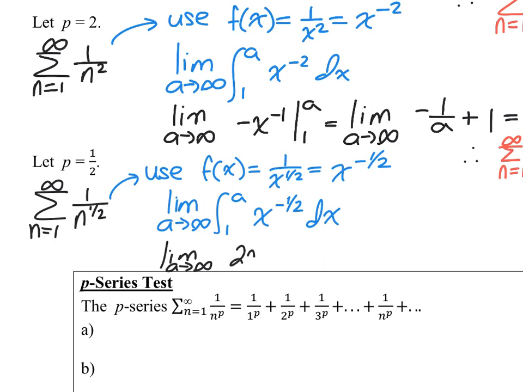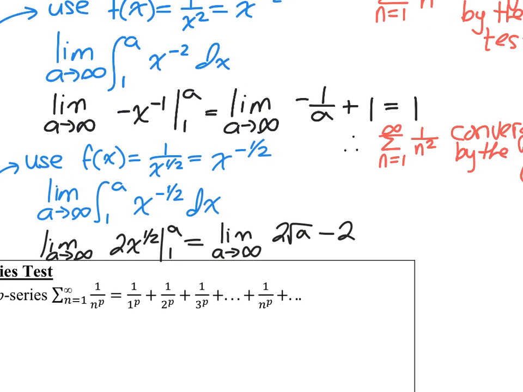So 2x to the positive 1/2 on the interval of 1 to a is going to give me a limit as a approaches infinity of really 2 radical a minus 2. Radical functions, in a lot of ways, are very similar to log functions, at least in terms of the shape.